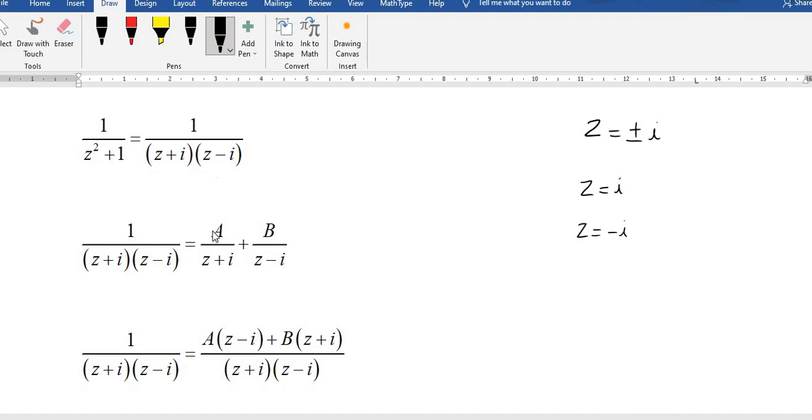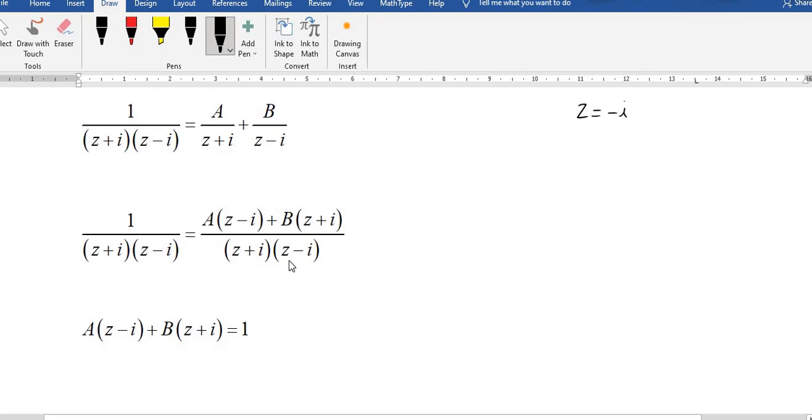So using partial fractions, this term can be written as a by (z plus i) plus b by (z minus i). Take LCM and cancel denominators, then we are going to get a into (z minus i) plus b into (z plus i) equal to 1. First put z equal to i, then this term vanishes, and we get the b value.